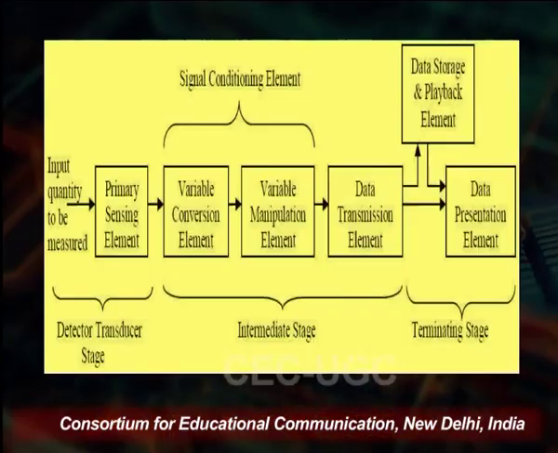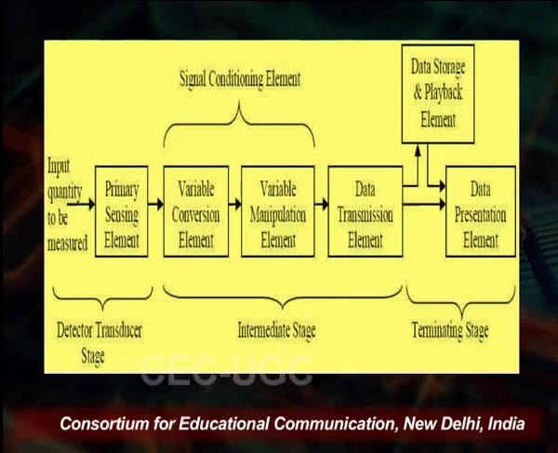A systematic organization and analysis are very important for the measurement system. The whole operation system can be described in terms of the functional elements of the generalized measurement system. You see here on the screen a generalized system for measurement.